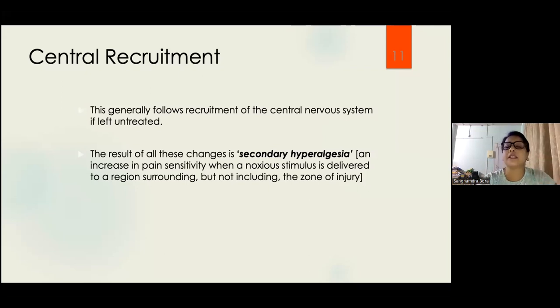That is called secondary hyperalgesia. And this is a result of central recruitment, which is in fact a process because of untreated pain at the periphery. So this is a small idea about the pain pathophysiology.